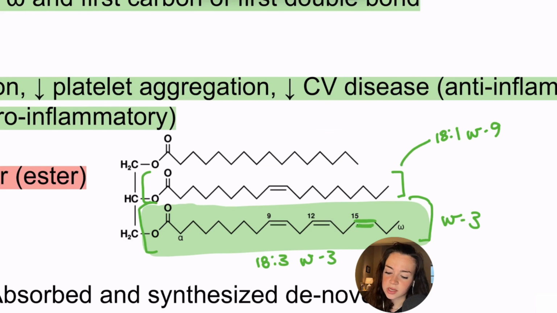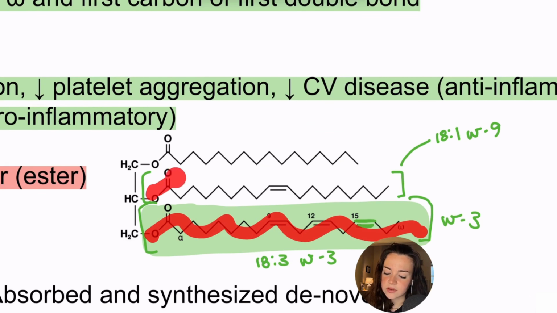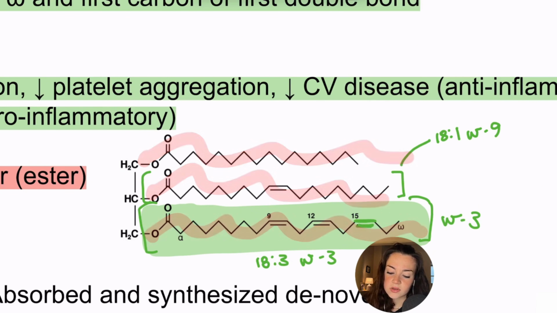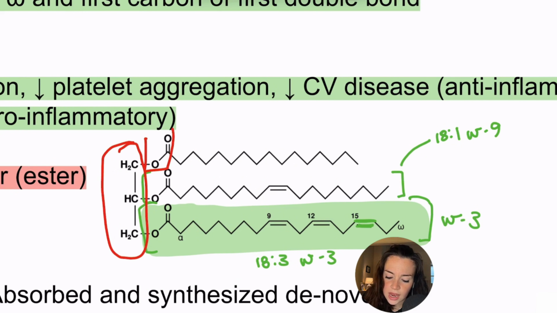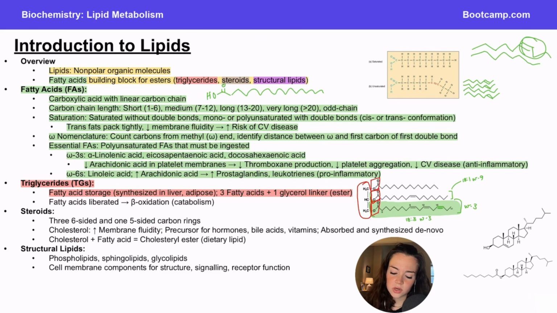So we were using this triglyceride to look at sort of its individual fatty acid tails, but as you can see here, it is actually a triglyceride. So here is our glycerol backbone, and then here you've got your ester bonds linking that glycerol backbone to that fatty acid tail. And from this storage form, fatty acids can be liberated and broken down via beta oxidation for energy.